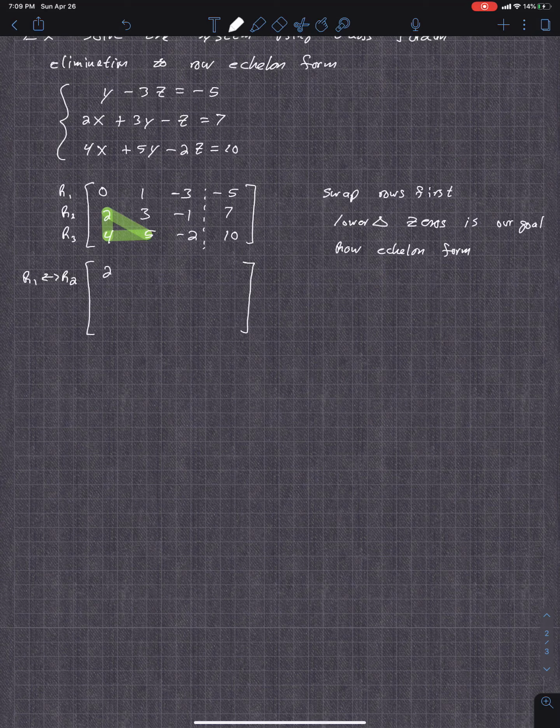So it's 2, 3, negative 1, 7, and 0, 1, negative 3, negative 5. So that 0 right there is what we want. Right? We want 1, 0 there, so we need another 0 here is the next order. So you have to do this in a certain order. So put a 0 there.